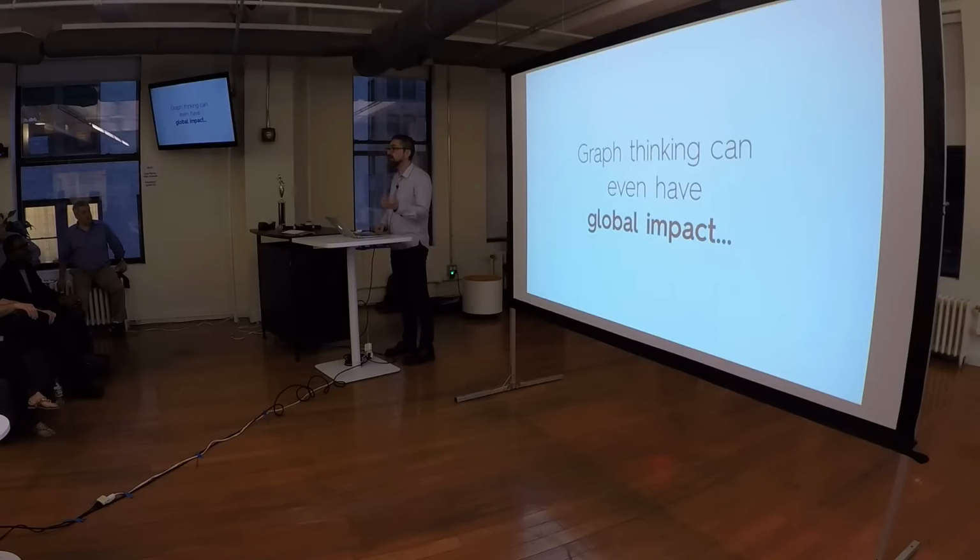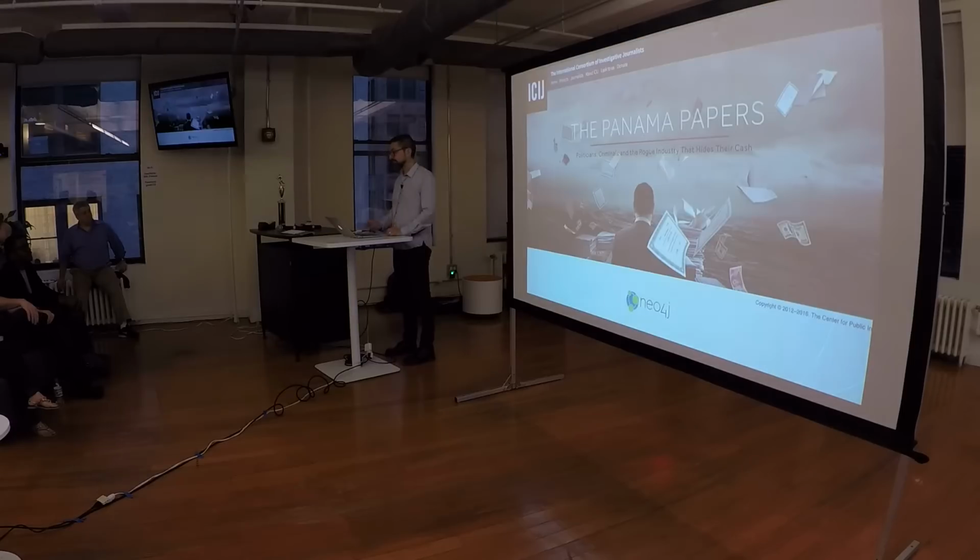I realized that if I had Neo4j, the stuff I wanted to do in Zambia would have been way easier. Without it, it was a bit irritating. And we both thought at the time that we could have social impact, that if we were successful, the true measure of our success would be that graph thinking would be kind of normal, that people would use graph thinking the way that they use relational thinking, they would use it in the right times, in the right places, for the right kinds of problems, the right kinds of questions that they wanted to ask. And that if it's pervasive enough, some good can come out of it. And then this happened.